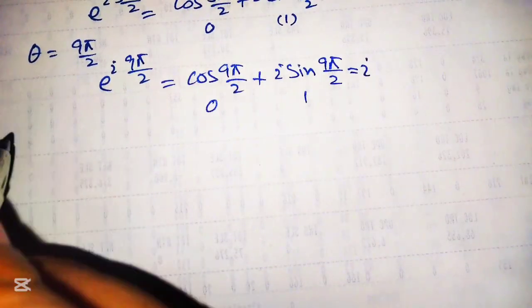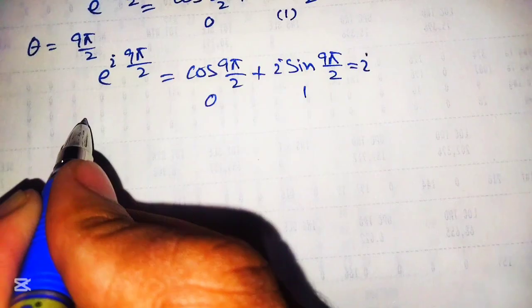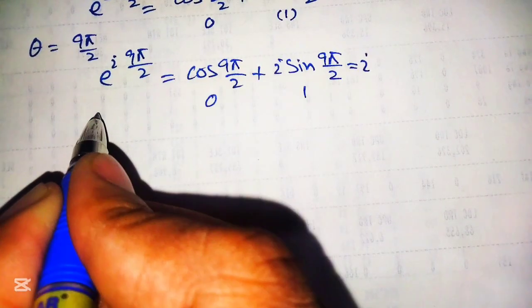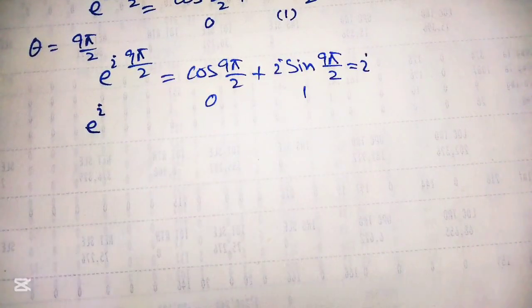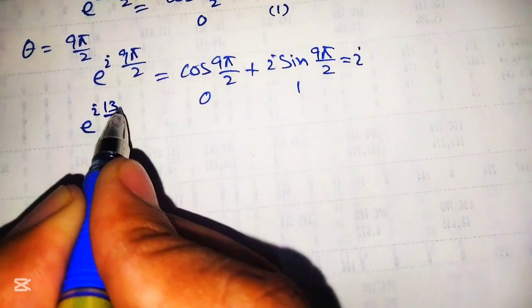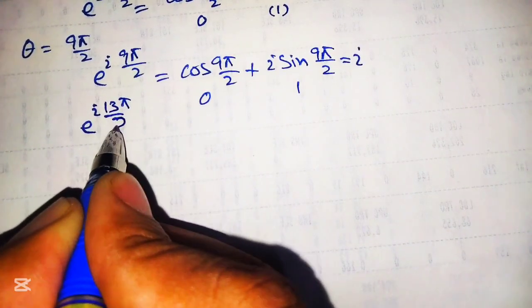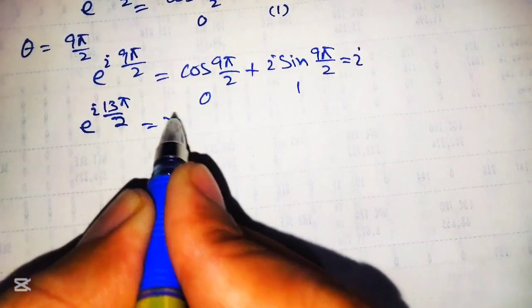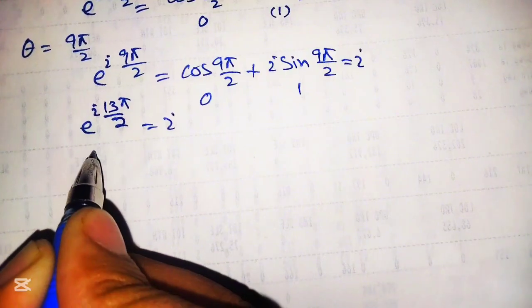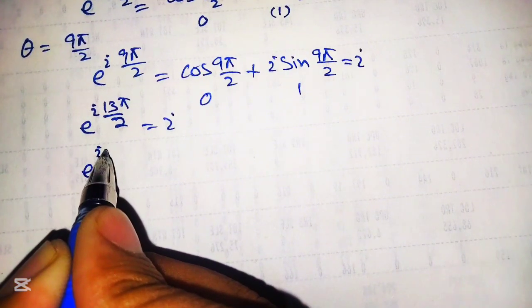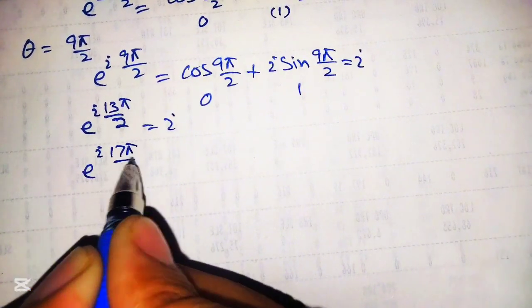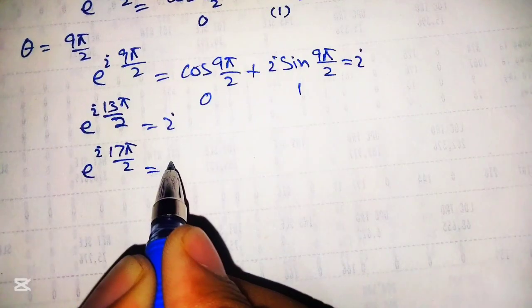Similarly, e raised to power iota 13 pi by 2 is again equal to iota, and similarly e raised to power iota 17 pi by 2 is again equal to iota.